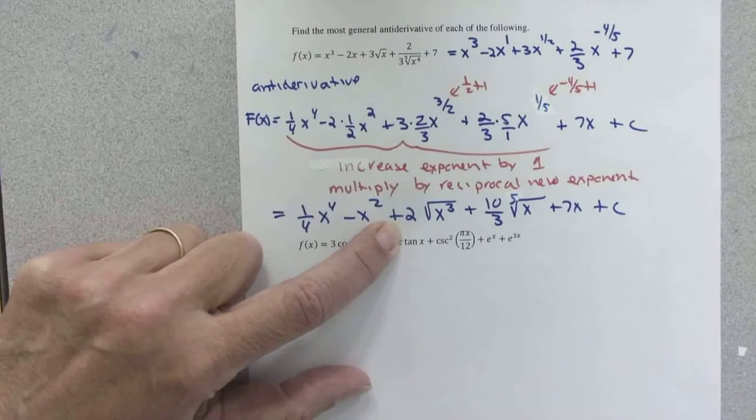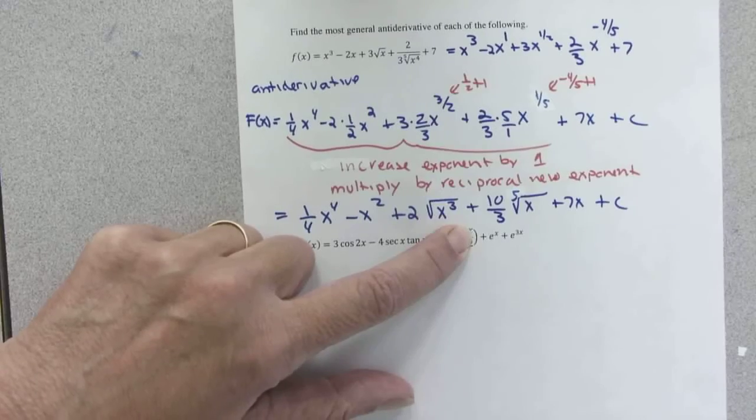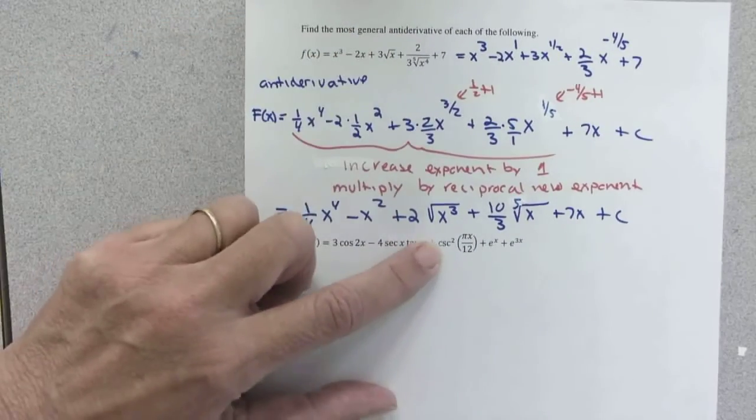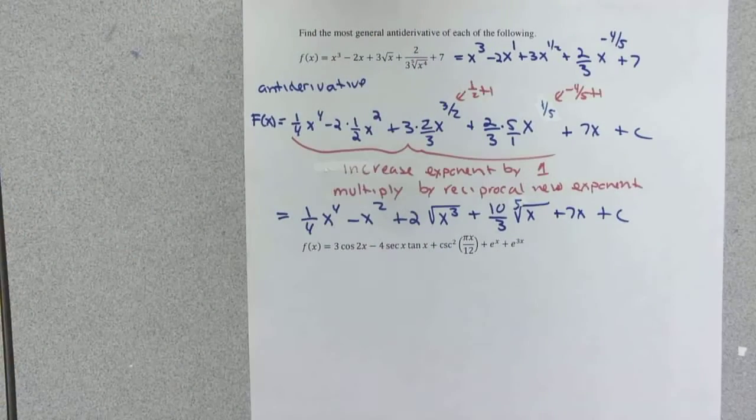Here that's x to the 3/2. If I multiply by the 3/2, the 2 would cancel, leaving me 3. And then decrease the exponent by 1 would give me x. A lot of these you can check by just looking at them. You just differentiate your answer. It has to go back to the original problem.